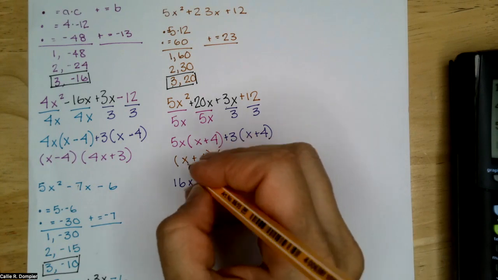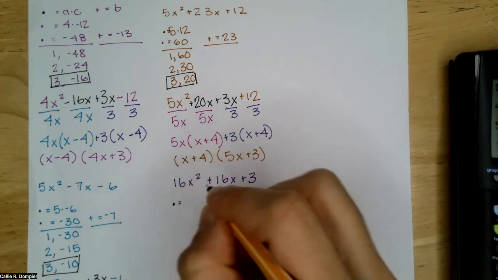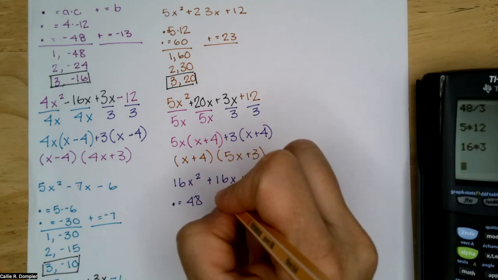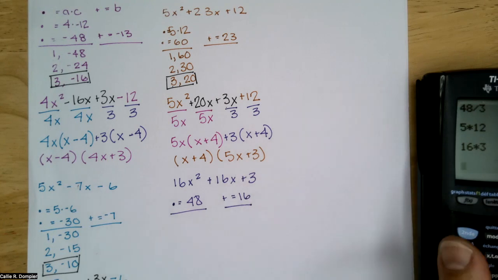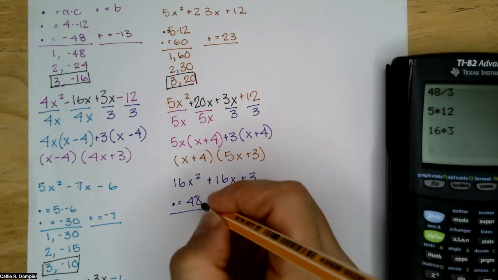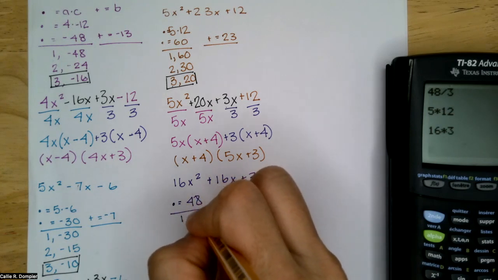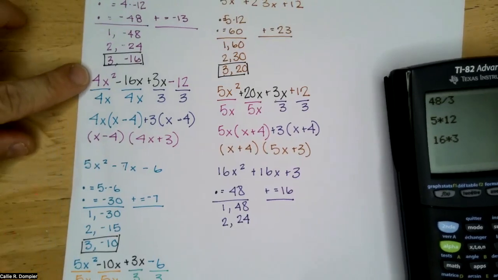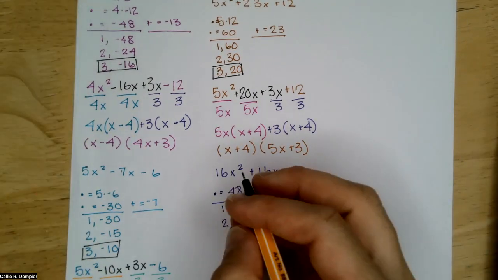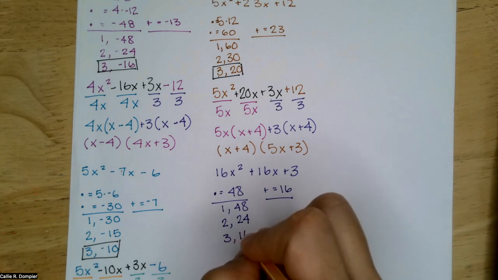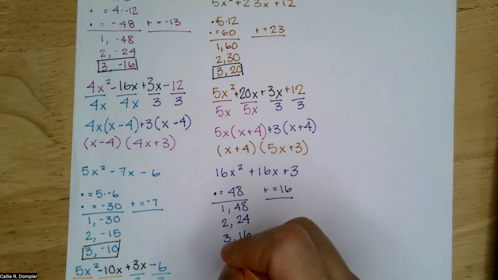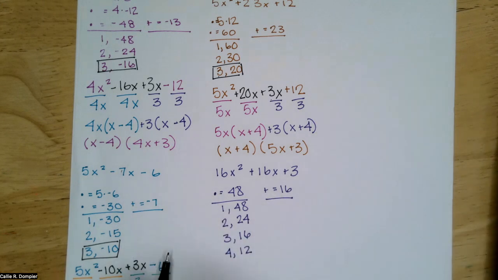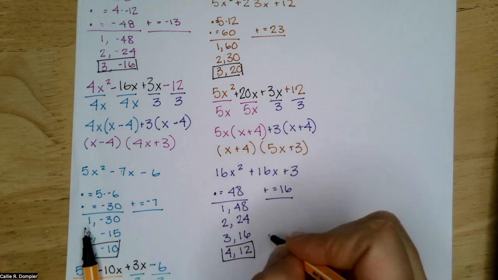So we need two numbers that multiply to equal 16 times 3, 48, and add to equal 16. 48 would be 1 and 48, 2 and 24, 3 and 16, 4 and 12. These multiply to 48 and add to 16.